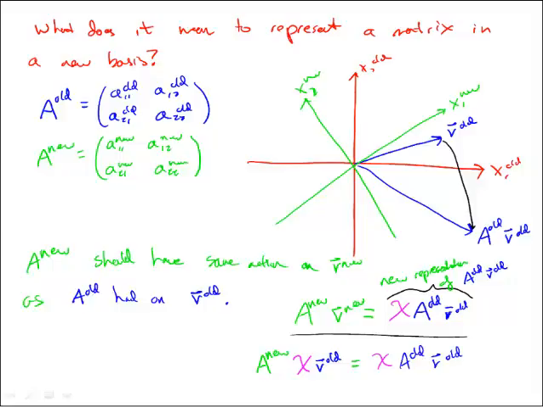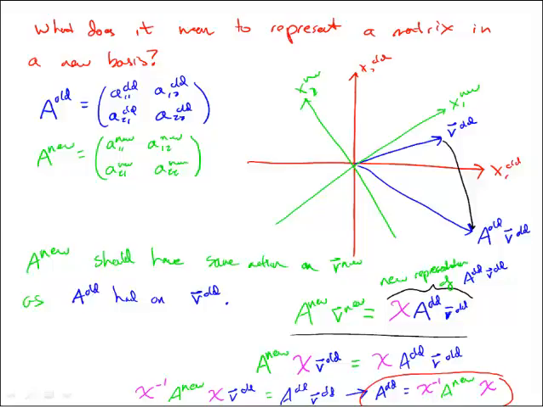And then if we multiply both sides of this equation by x inverse, we get x inverse times A new times x times V old is equal to A old times V old. And so what this means is that A old equals x minus 1 A new times x.